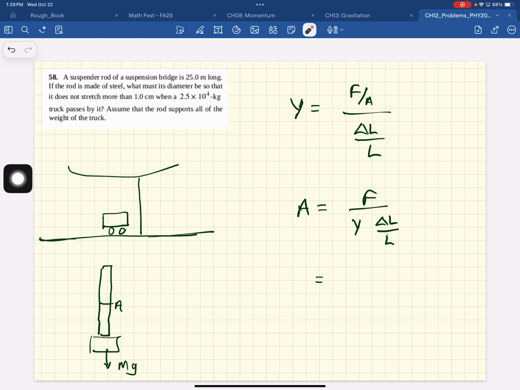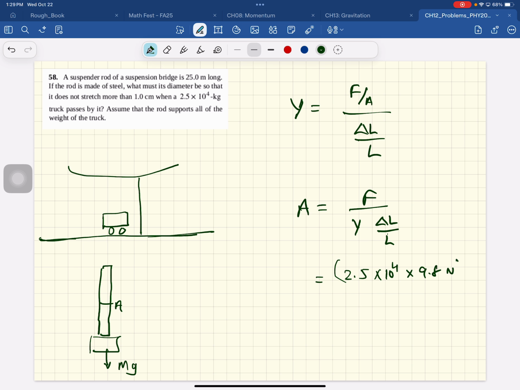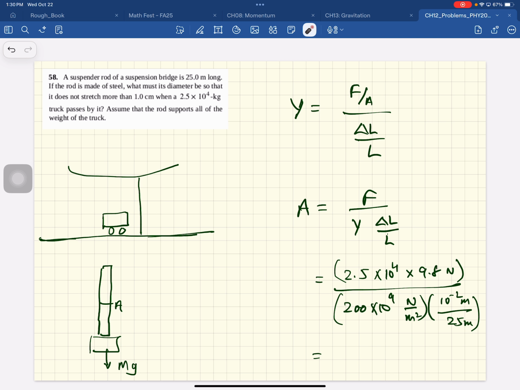So the force is mg, which is 2.5 times 10 to the 4 kg times 9.8 newtons, divided by 200 gigapascals, newtons per meter squared, times delta L, which was 1 centimeter, 10 to the minus 2 meters, divided by 25 meters. That's the area of cross-section of the cable.